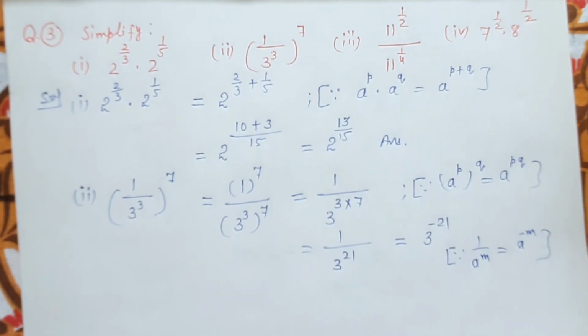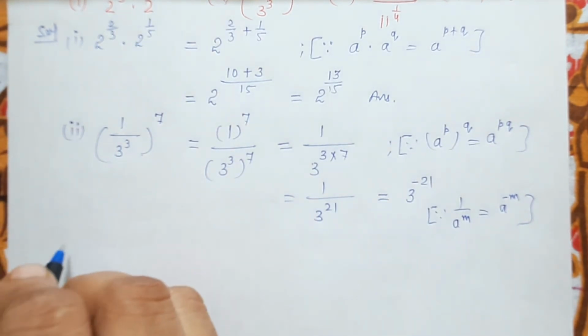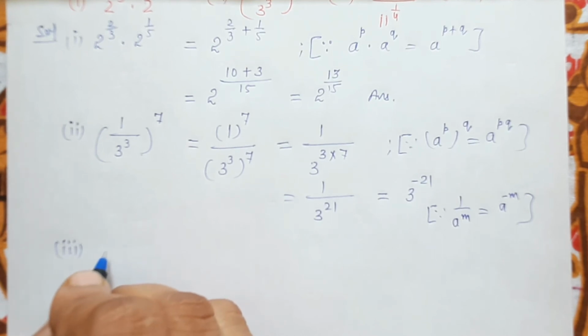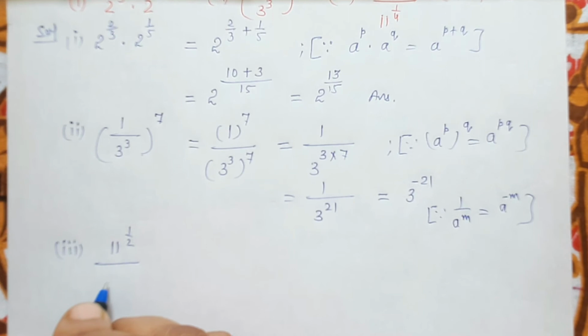Now the third part. In this third part we are given 11 raised to power 1 by 2 upon 11 raised to power 1 by 4.